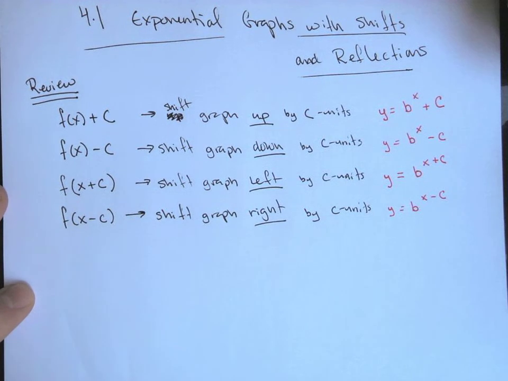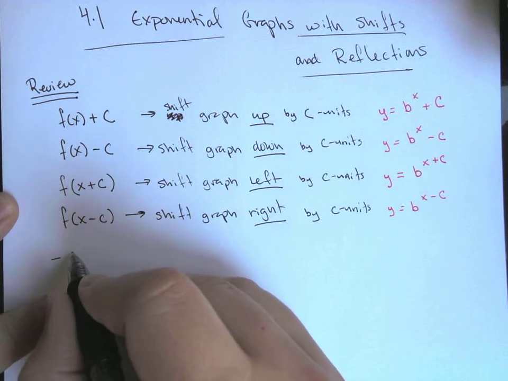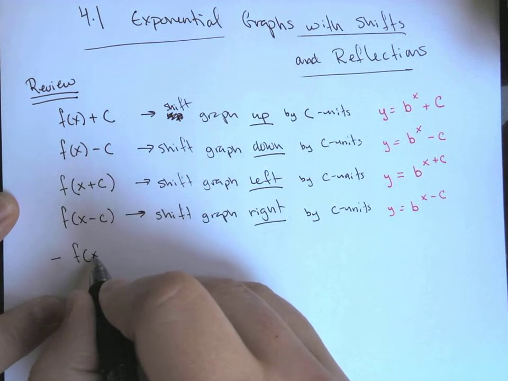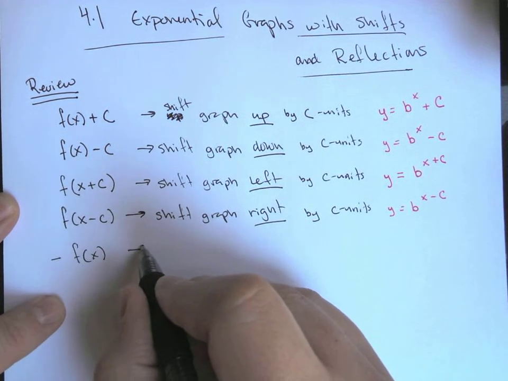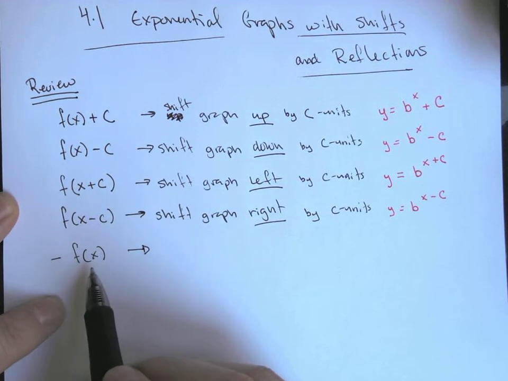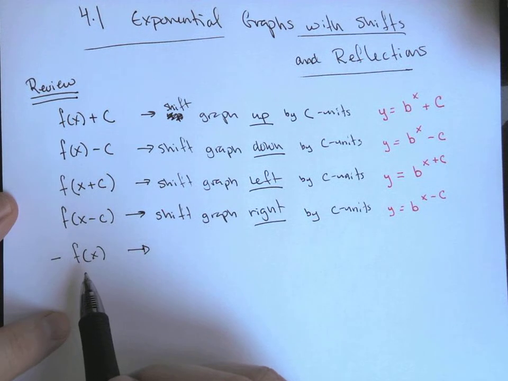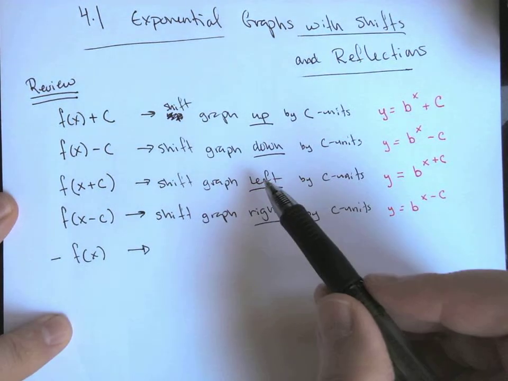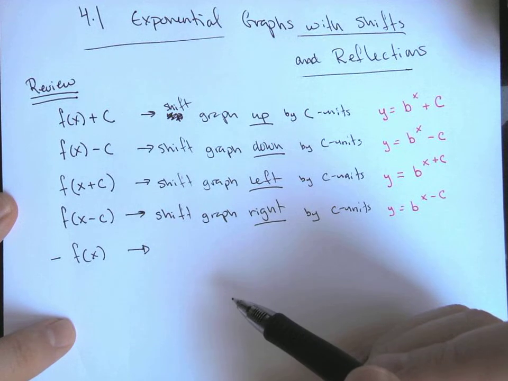The two reflections, flipping over the y-axis and the x-axis, happen when we use negative values. If we do the negative version of f of x, so I've done the power and I'm just doing a negative version of the result, I'm essentially doing negatives of all my y values. That flips me from top to bottom and vice versa.